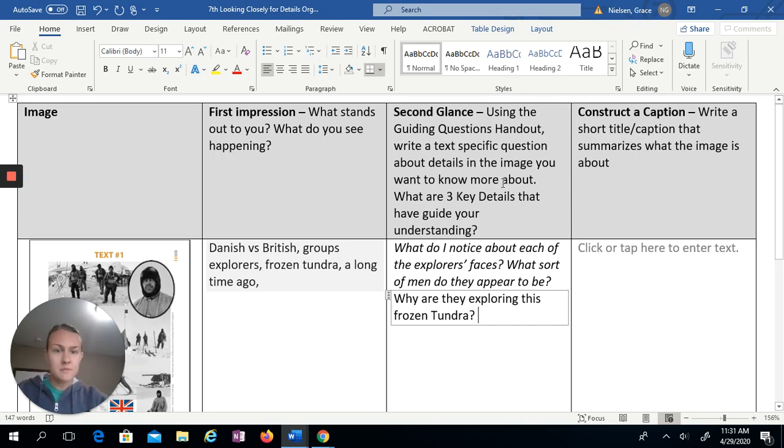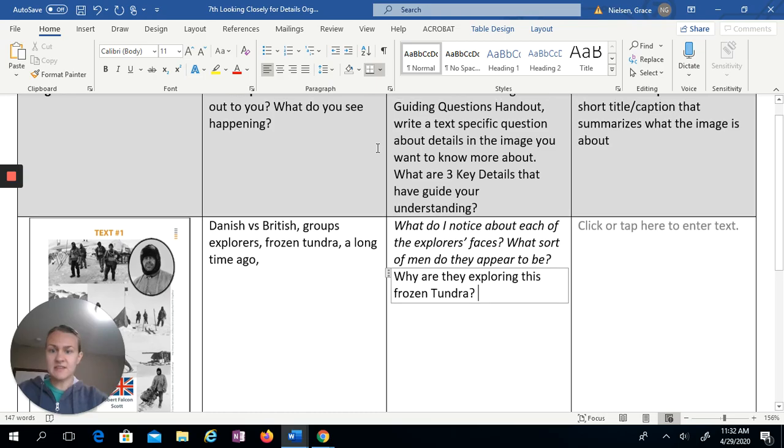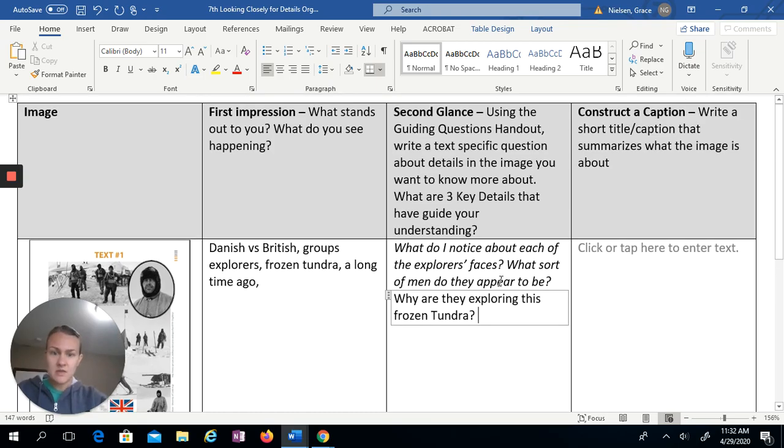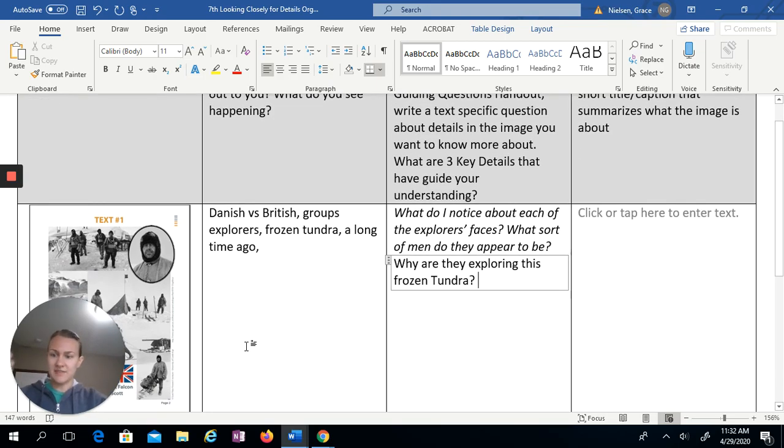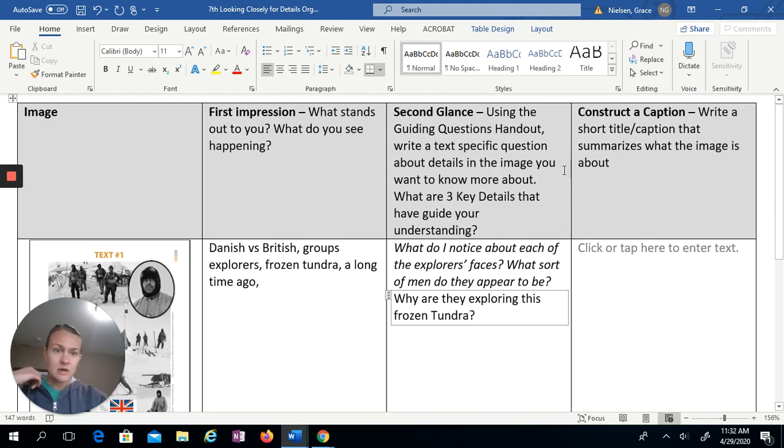Okay, wait. So you want to know more about what are 3 key details that have guided your understanding, okay? And I think that's kind of back here, right? The 3 key details we talked about, the time, we noticed the 2 flags, so we know these are 2 different countries. Okay, construct a caption.